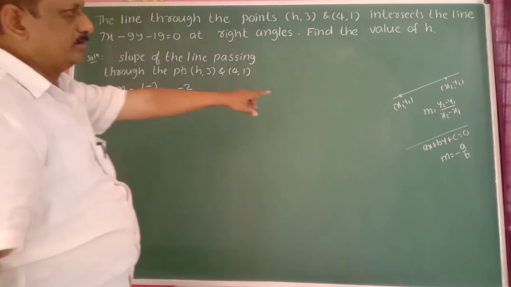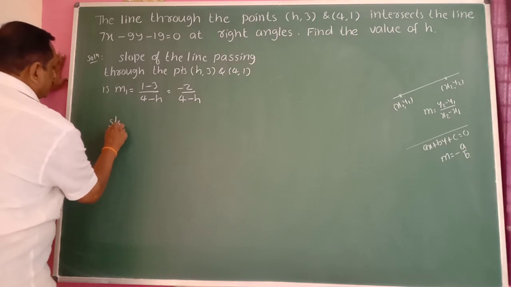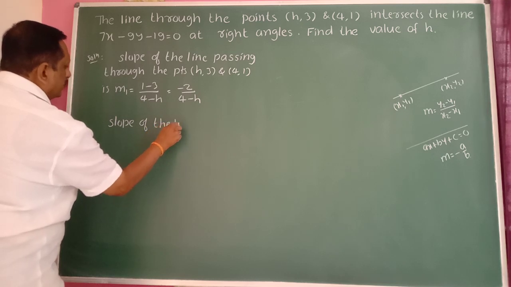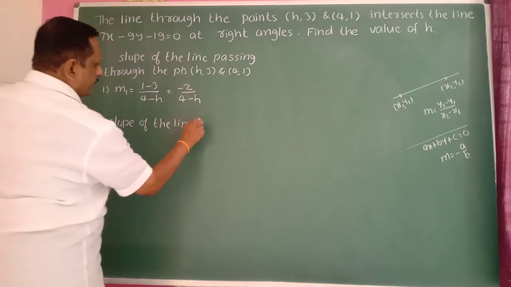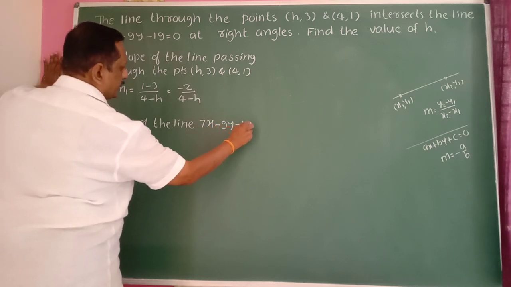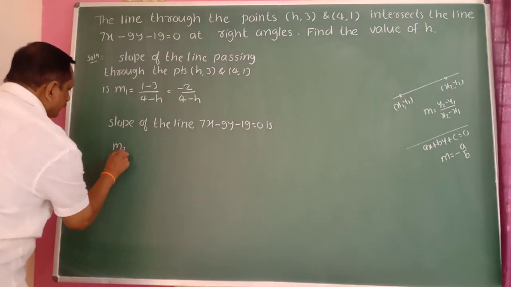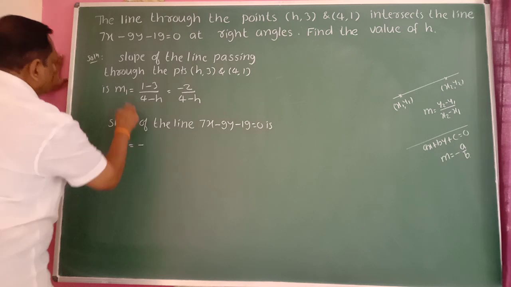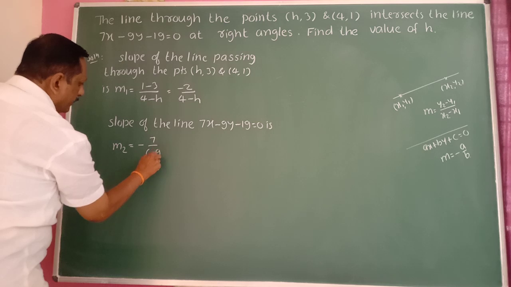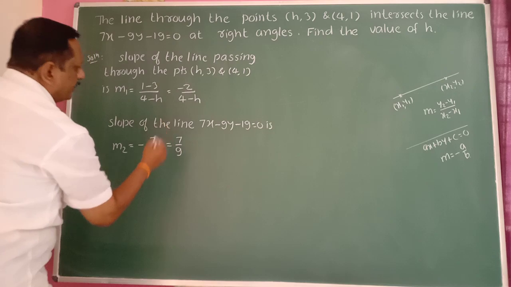Okay, we are using this formula. Similarly, the slope of the line 7x minus 9y minus 19 equal to 0 is m2 equal to minus 7 upon minus 9, so 7 divided by minus 9... minus upon minus becomes plus, so 7 divided by 9.